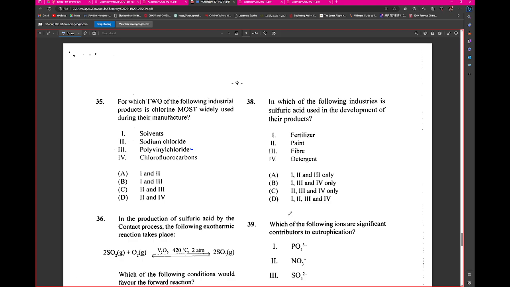I'll say A. Okay. So it shouldn't be sodium chloride, wouldn't it? Wait, hold on. It uses chlorine and caustic soda, right?